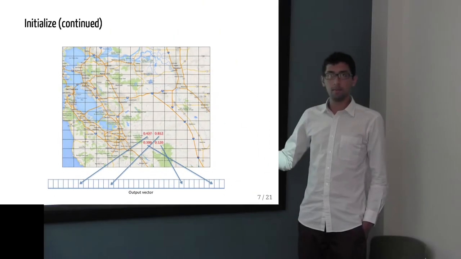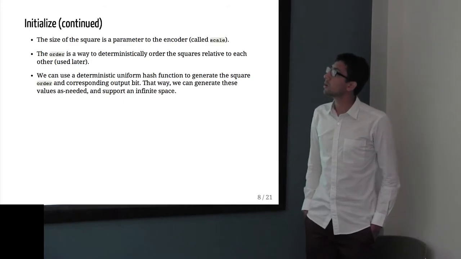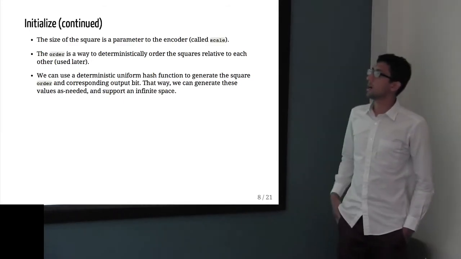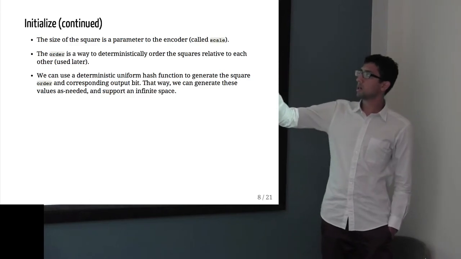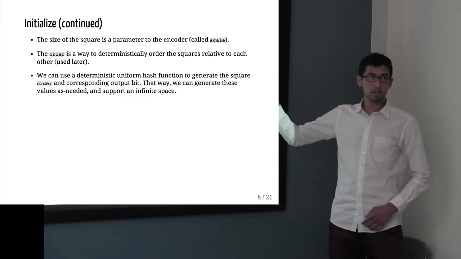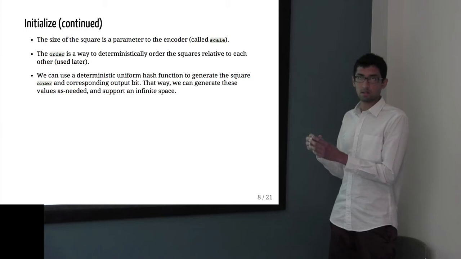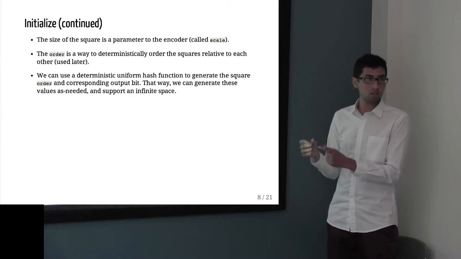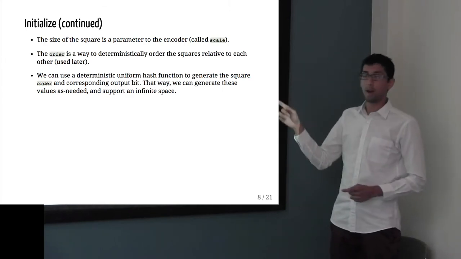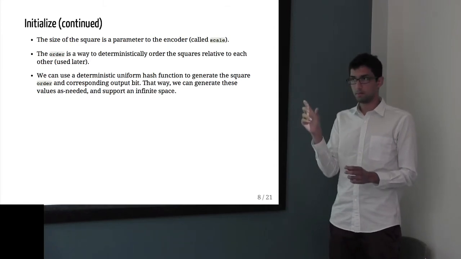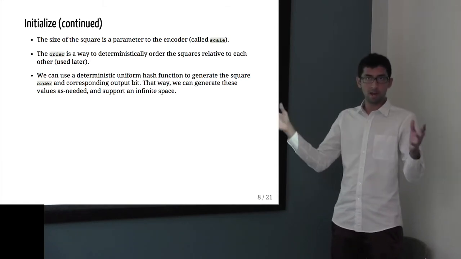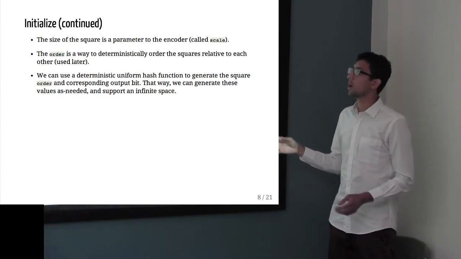Okay, next slide please. So this is some notes on the initialization process. The size of the square is a parameter to the encoder. So you might have asked how big should those squares be? That's a parameter called scale. The smaller the scale, the smaller the size of the squares, which means you'll have more squares.